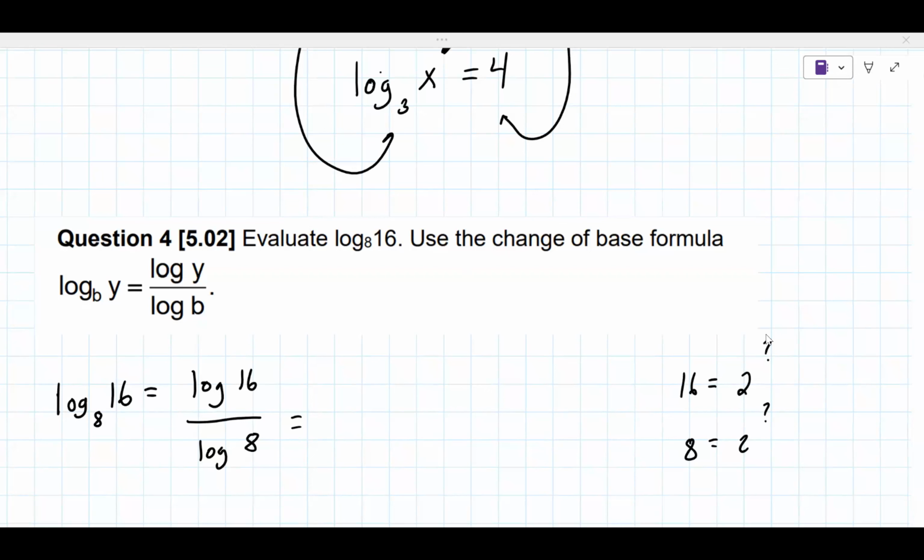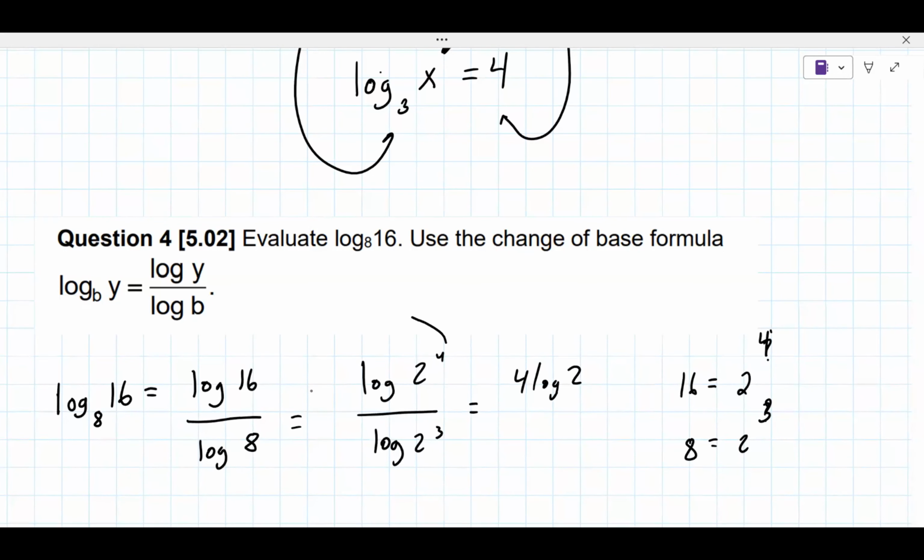What is 2 to what power is 16? 2 to the power of 4 is 16, and then 2 to the power of 3 is 8. So it's log 2 to the 4 over log 2 to the 3.